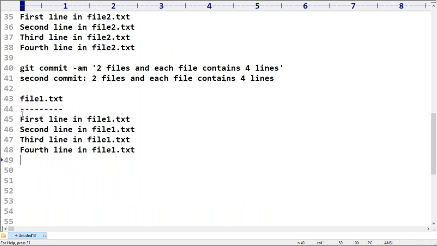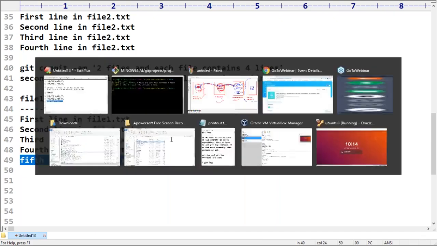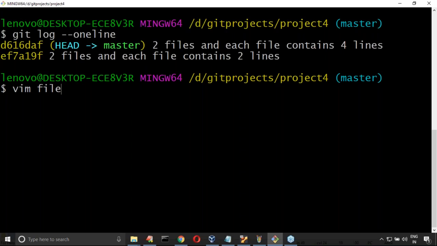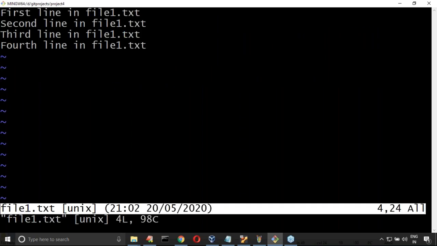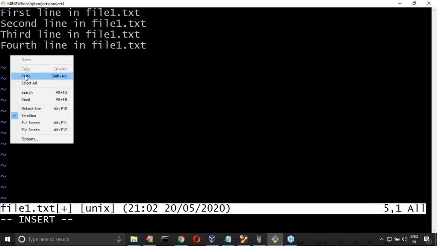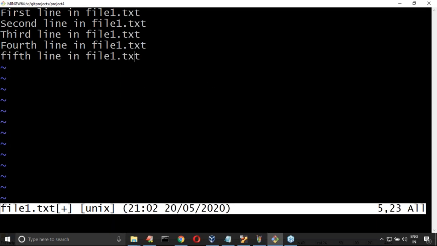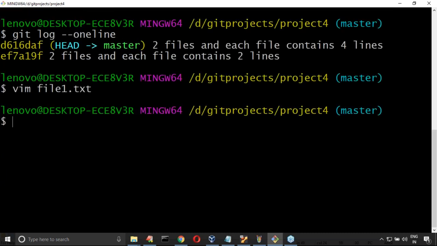Now let me add the fifth line in file1.txt. Let me insert the fifth line in file1.txt. Then :wq. That's all.